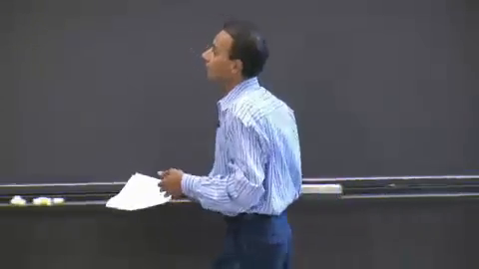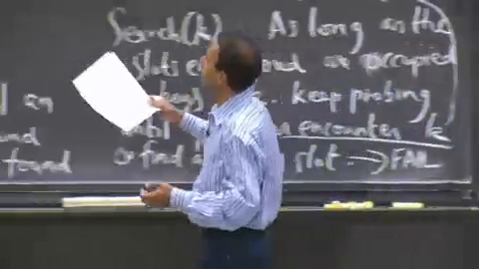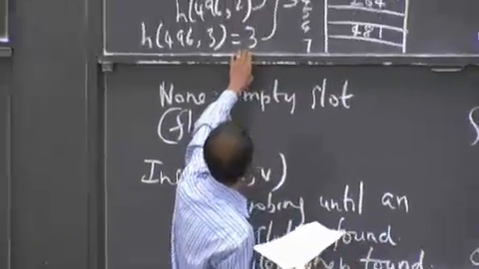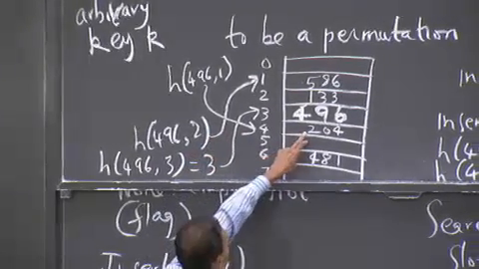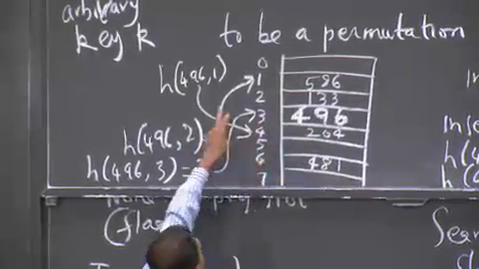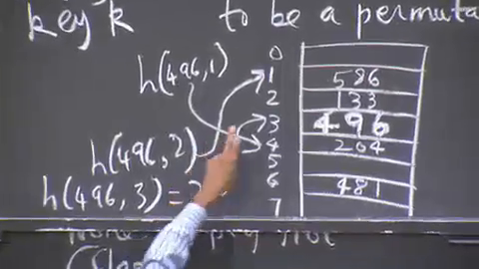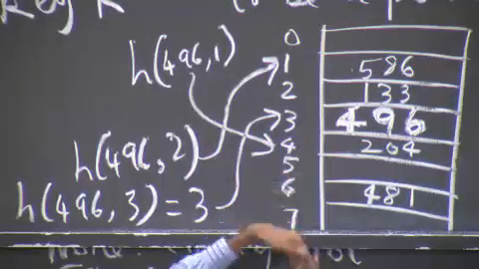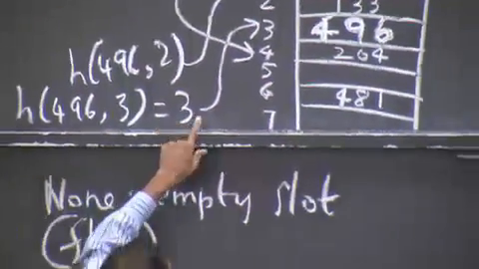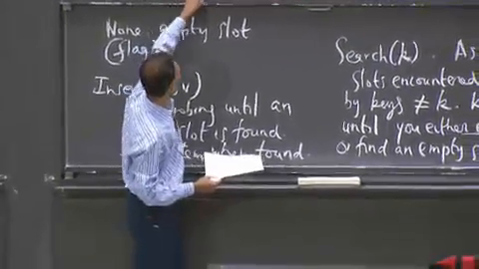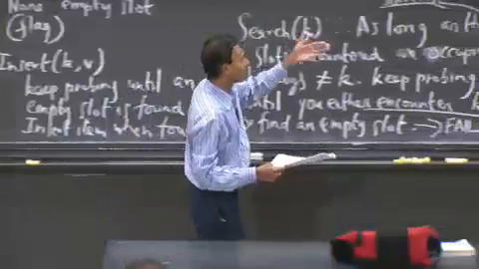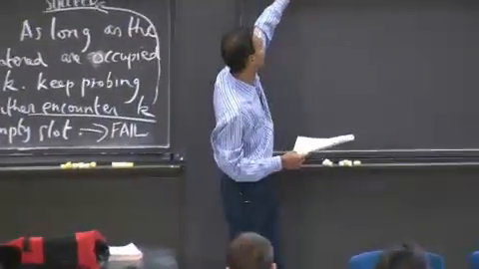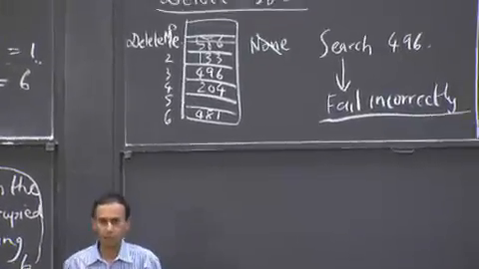And so you would go to the next trial. I had 204 as the first trial, and then in the second trial I had 586, and I would continue beyond the second trial and get to the third trial, and in fact return 496, which is exactly what I want.